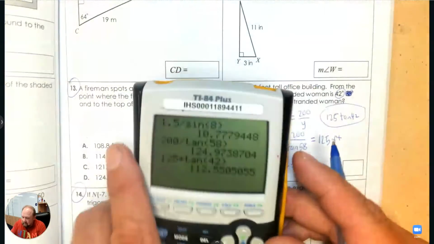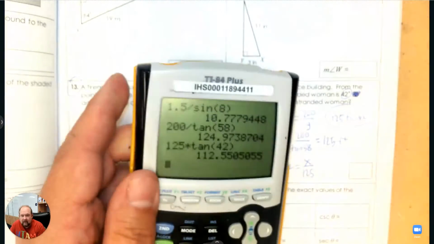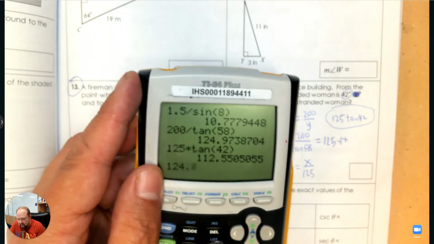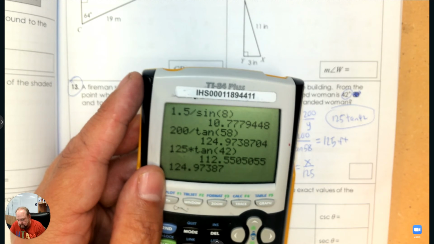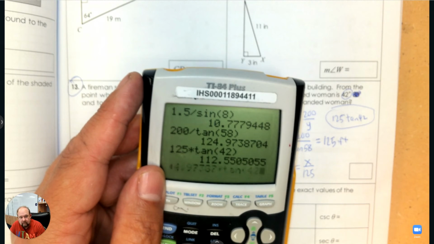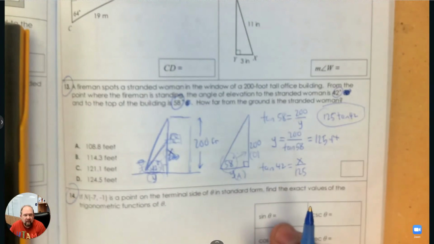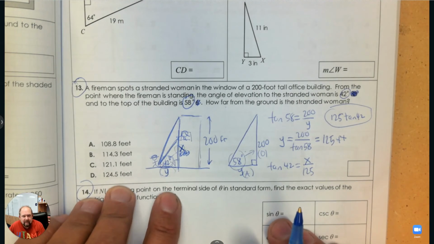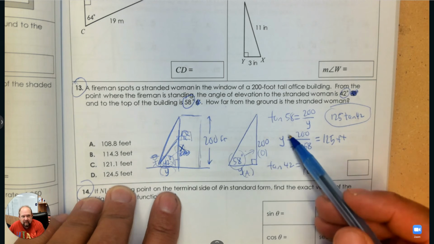So what was the other answer? If I didn't round, I would have gotten 124.97387. I would have still got like 112 and something. Well, what's the answer then? Did I use a wrong angle? So 58 for 200, I did that.